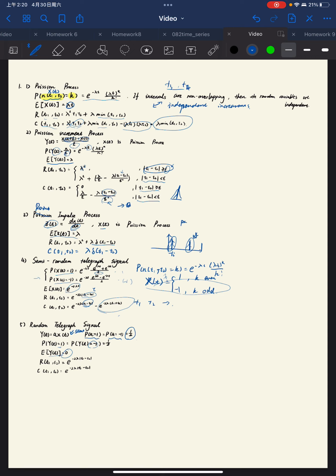Since the expectation is 0, even if we add a time difference of some value epsilon, the process still follows the same distribution, 1 and negative 1, at the different times, so it follows the even and odd. So at this time we can imply that the random telegraph signal is a strict sense stationary process.